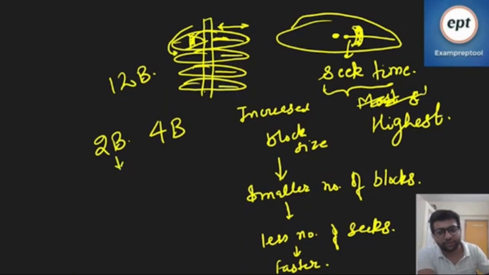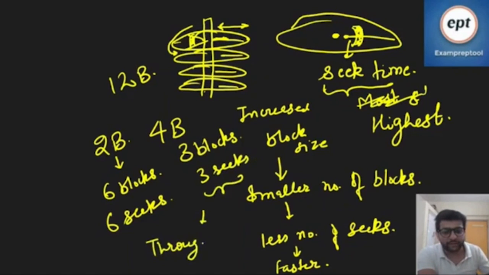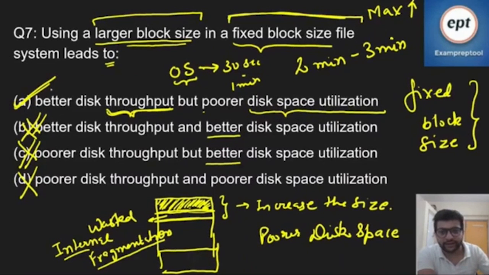For a block size of 2 bytes, it will take around 6 blocks, right? And for a block size of 4 bytes, it will take 3 blocks. So here we have 6 seeks and here we have 3 seeks. So this can increase the throughput of our disk. That is why it will give better disk throughput. So the answer will be A.